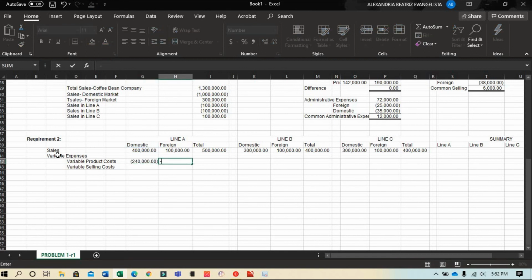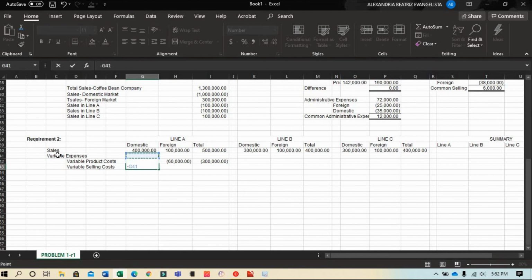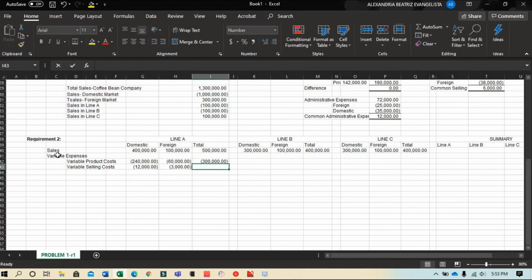For foreign, the same, it is 60% of sales. Total of $300,000 variable production costs under line A. And then for variable selling cost, it is 3%. And for foreign, it is 3% as well, which would give us a total variable selling cost of $15,000.